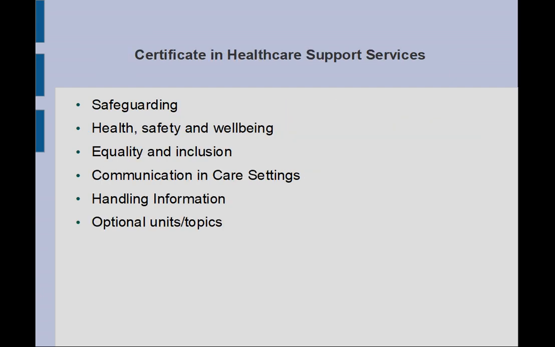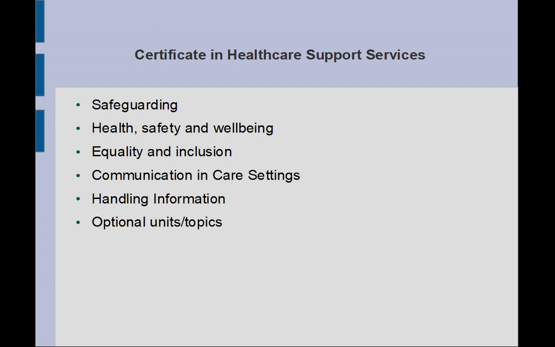Let's go down. So the certificate in healthcare support services has topics including safeguarding, health and safety, equality and inclusion, communication, handling information, and it has some optional units or topics as well.